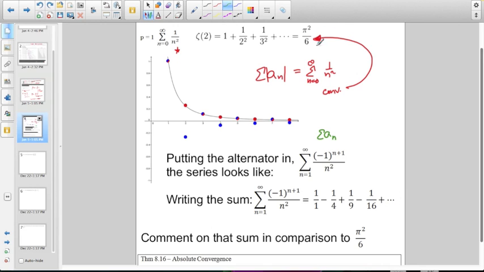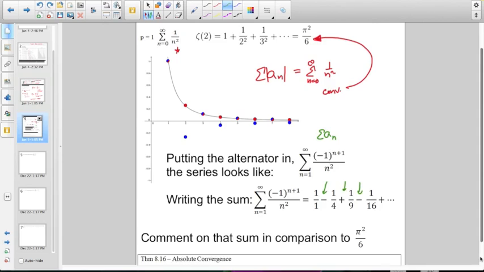So if this sum is pi squared over 6, then with this series having this alternating sign, plus minus, what about the sum of this in comparison to this?